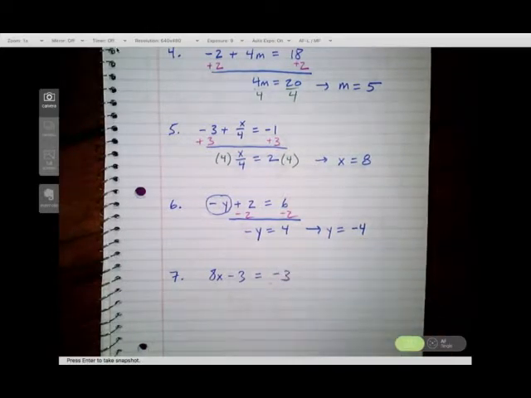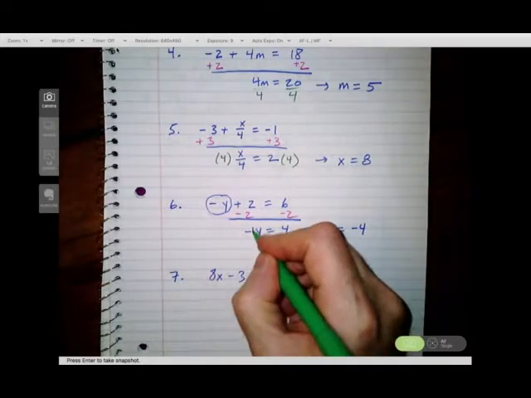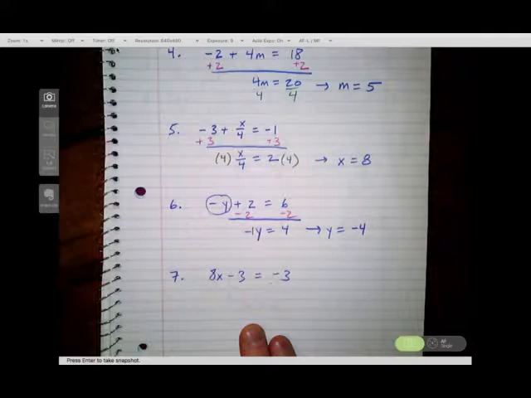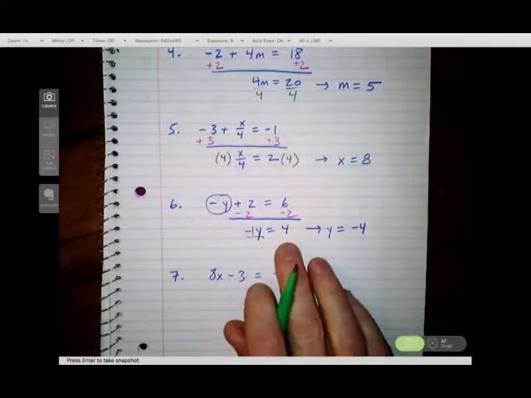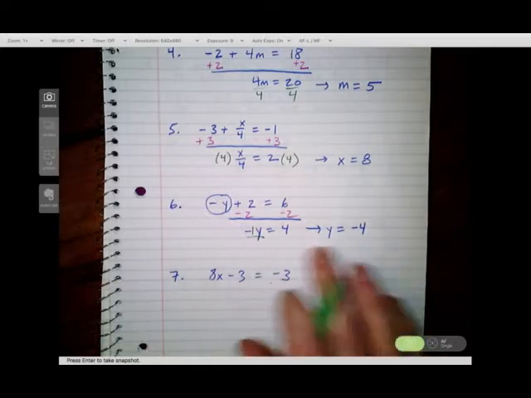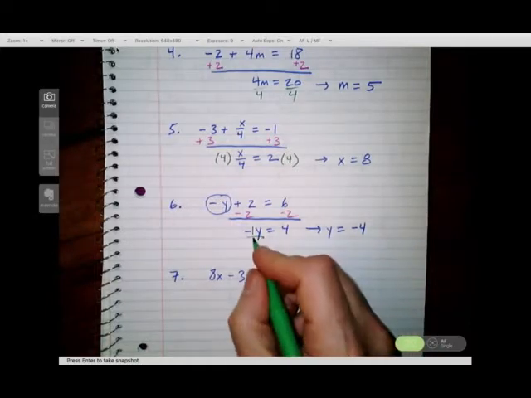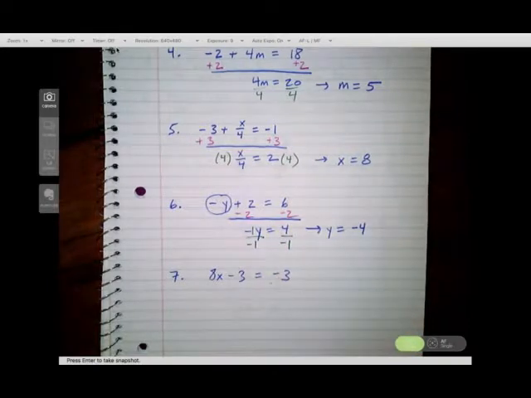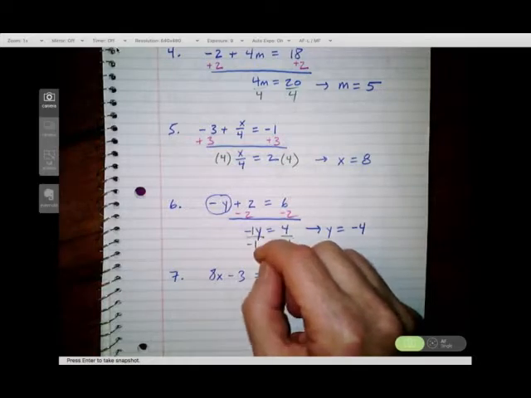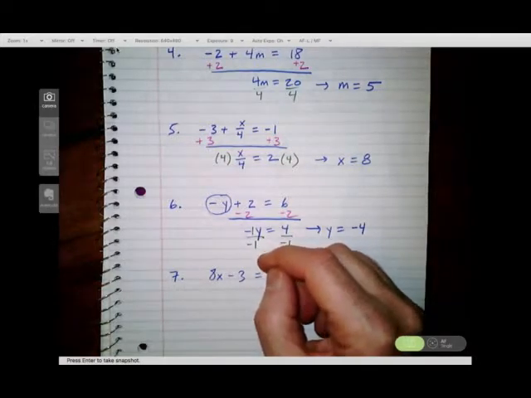We're switching the signs. Now the official thing is, again, this is a negative 1 here without the 1 written down. And so what you would write down if you were showing your steps, and you don't have to show this to me. If you can do this part in your head, I'm very happy with that. So what most people will insist you do is divide by negative 1. When you divide by 1, you don't change anything, right? 5 divided by 1 is 5.